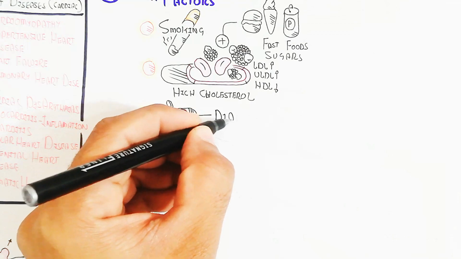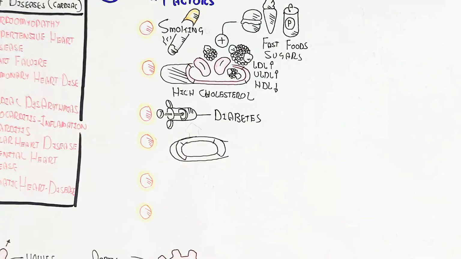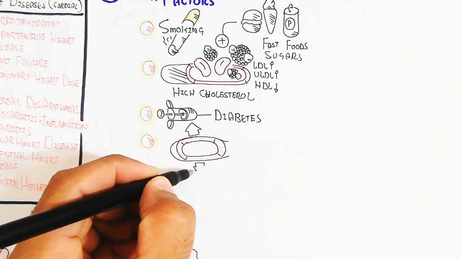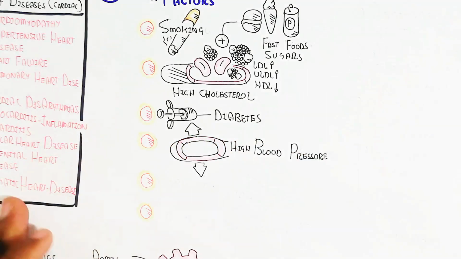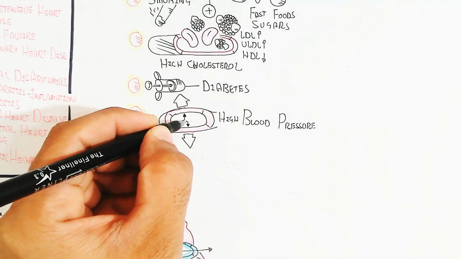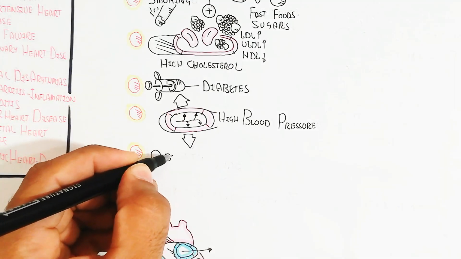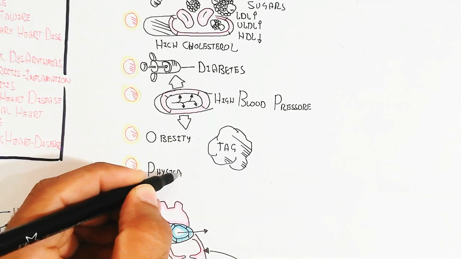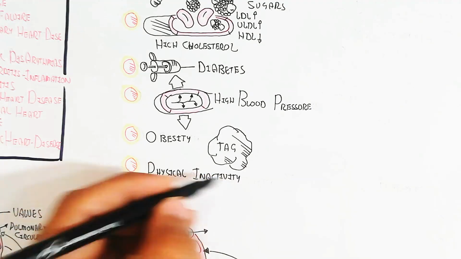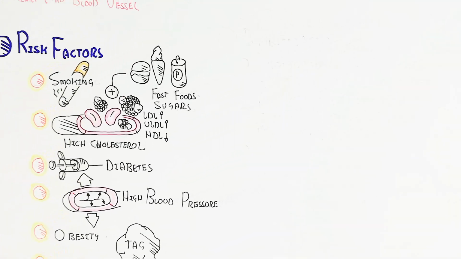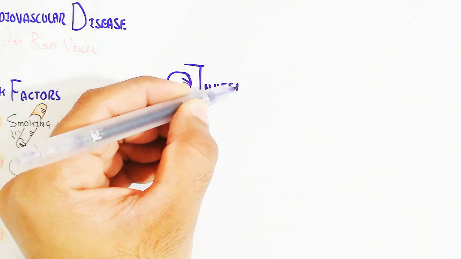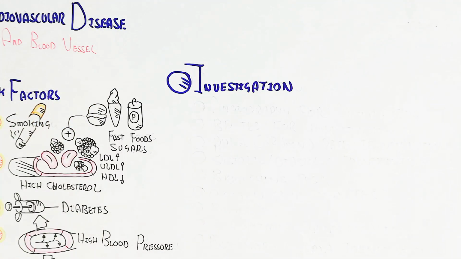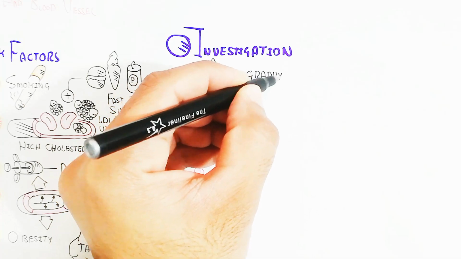High cholesterol leads to arteriosclerosis. If there is type 2 diabetes mellitus, the chances are higher. On the other hand, high blood pressure and obesity. Obesity is due to increased triacylglycerol in our body, which deposits in the blood circulatory system, the tunica intima, leading to plaque formation and thrombosis, causing aneurysm, etc. And physical inactivity.